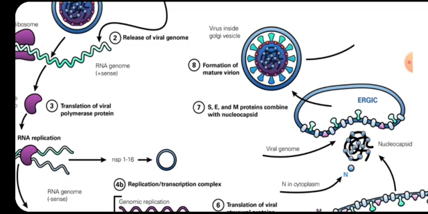So you can see that it is synthesized in the Golgi vesicle, which performs its normal function of protein targeting. Once the proteins are synthesized, they are targeted with the help of Golgi bodies. So here the virion takes advantage of the function of the Golgi bodies. And this is how the synthesis of the complete virion particle is complete.